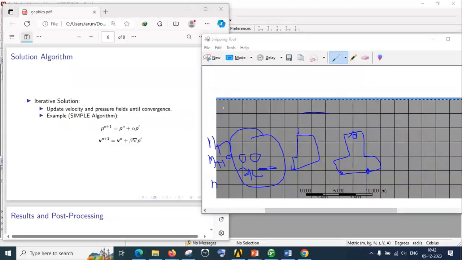In other open source software we have to code our SIMPLE algorithm, which updates the velocity and pressure terms.